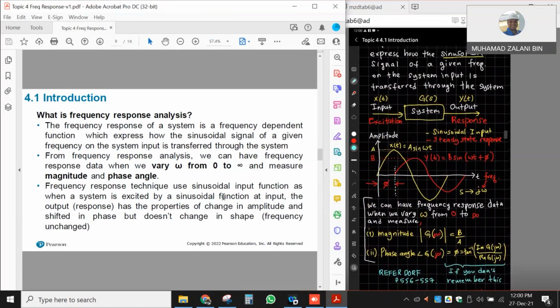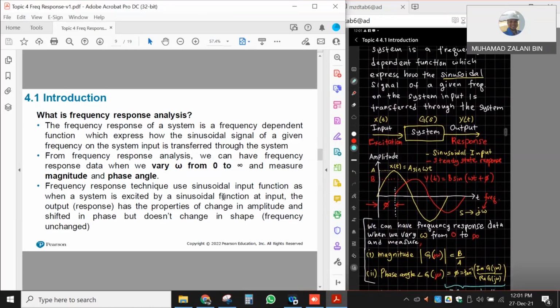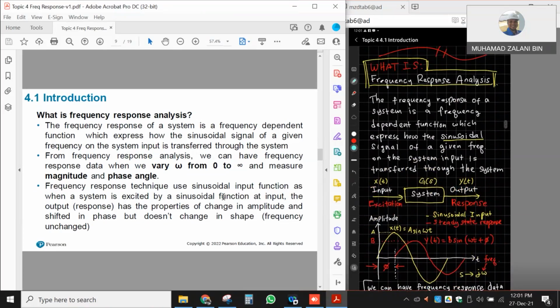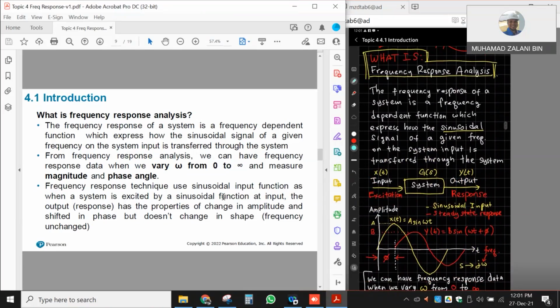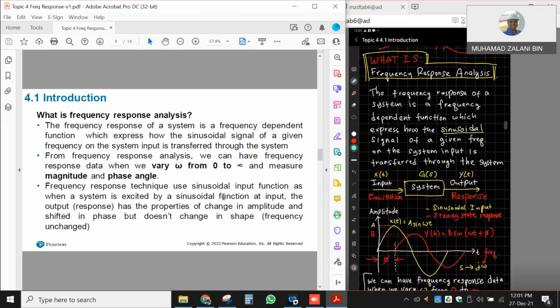I will call it the boat plot. Some people call it the body plot, but I will pronounce it boat plot, not body plot. Boat plot.